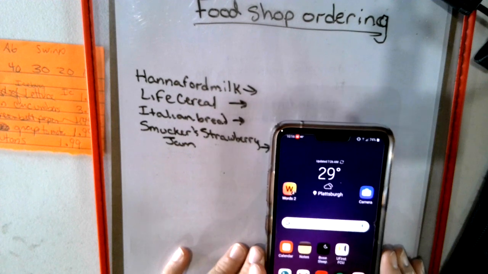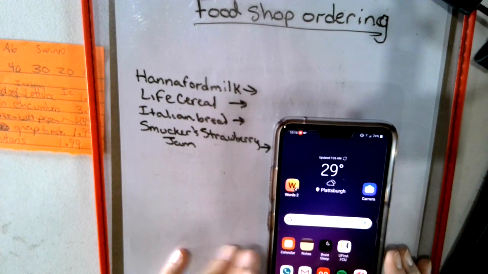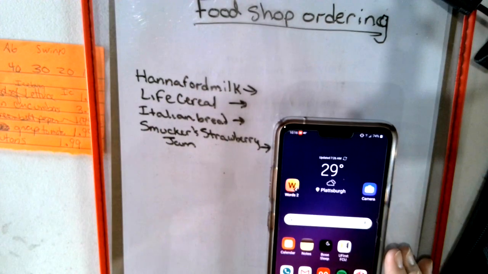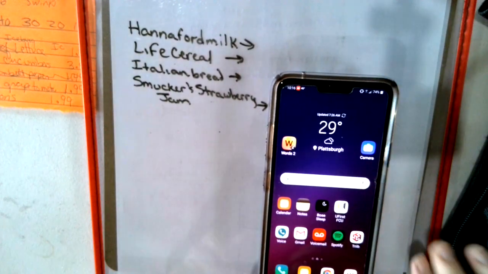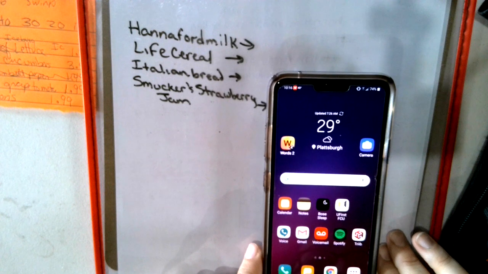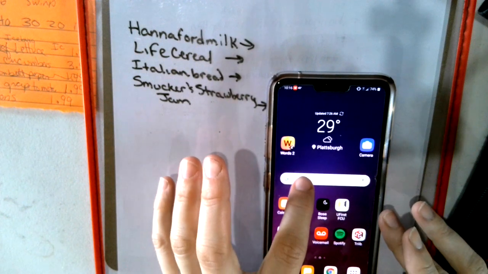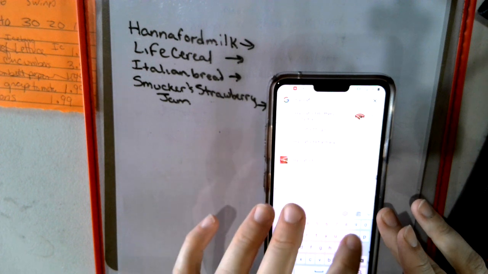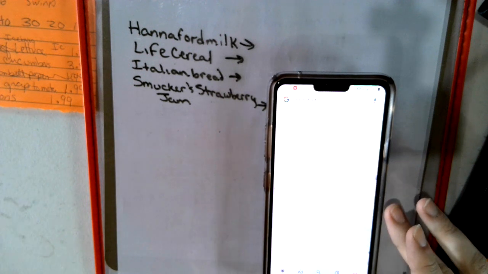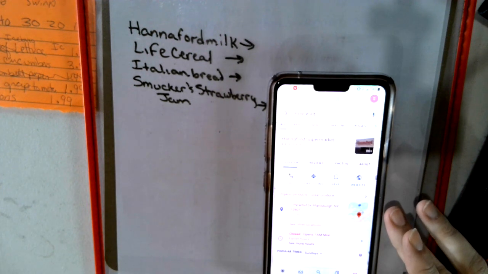So what we're going to do is look up some items. You can do this right on your Chromebook. I'm just going to show you on my phone. You go to a Google toolbar and type in, say, Hannaford, and then press go.